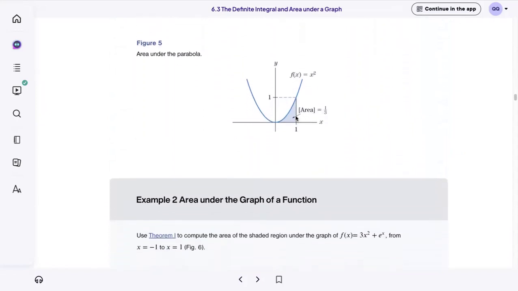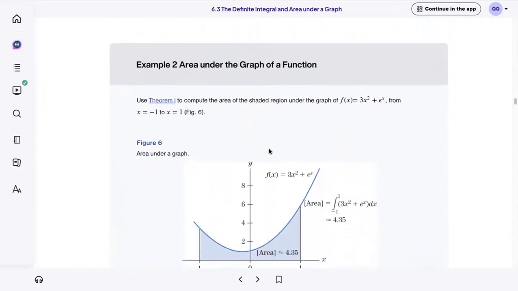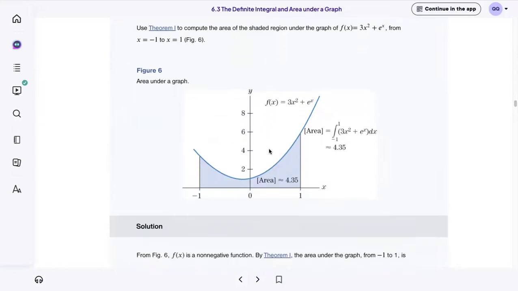Okay, this one we already did, so 1/3. Well, let's see this one. We want to find the area under the graph from -1 to 1. So all this shaded region. So what do we do? We set up, so the function is given as such. 3x squared plus e to the x.